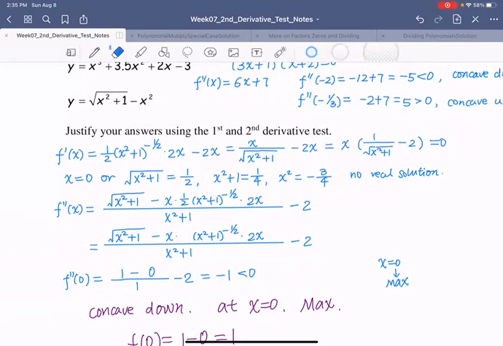This 2 and 2 will cancel. And this becomes 2x squared, okay?